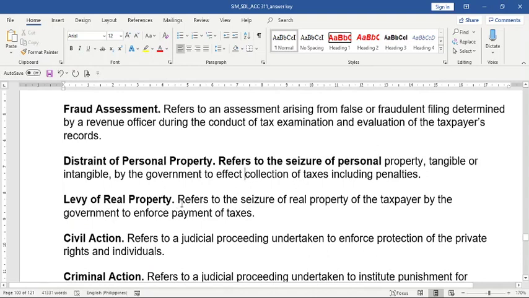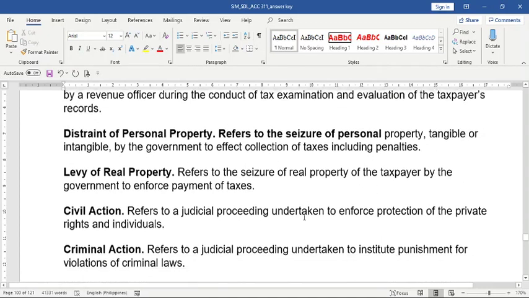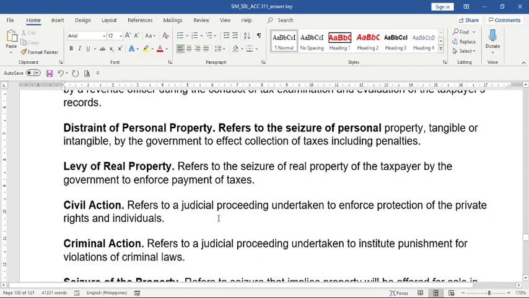Levy of real property refers to the seizure of real property. Distraint is for personal property, while levy is for real property, okay? Civil action refers to the judicial proceeding undertaken to enforce and protect the private rights of individuals.